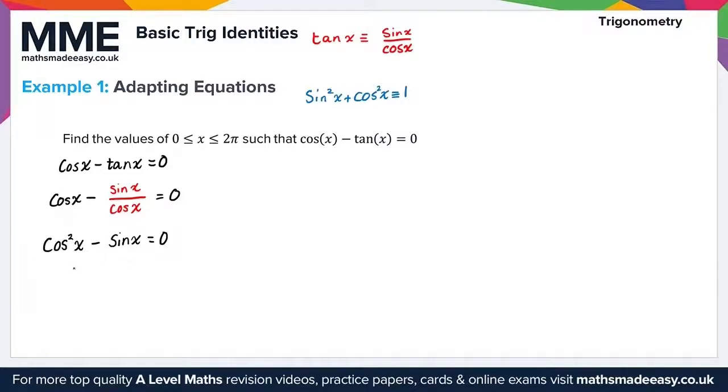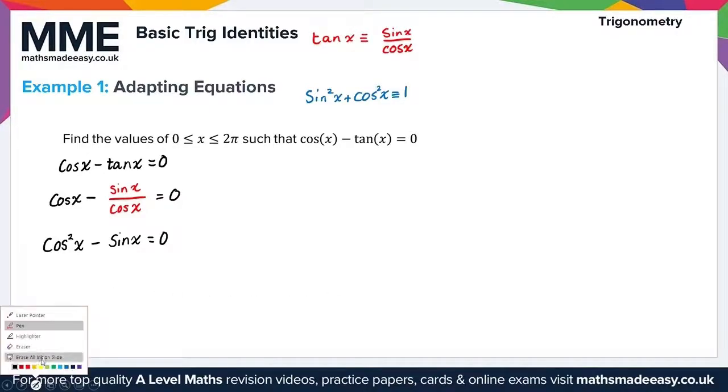However, cos squared x, we can actually use our blue identity here, the identity of sin squared x plus cos squared x gives us 1. If we rearrange this to be cos squared x is equal to our expression, then we can simply substitute that back in, and we obtain a quadratic in terms of sin x.